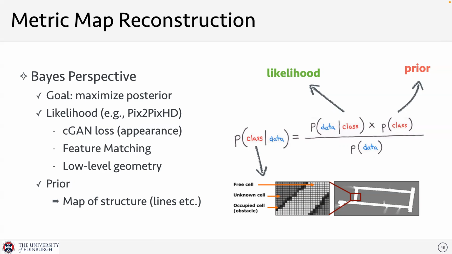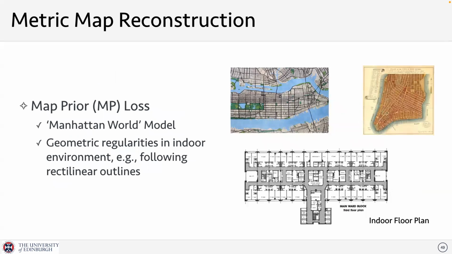And for likelihood, we follow the previous works and incorporate losses such as the L1 loss, intermediate feature matching, and the local geometry, which are very standard. But one thing which is not standard and proposed by our work is injecting the map priors into the reconstruction. Because all in all, what do we try to reconstruct here? It's not images, it's a map.